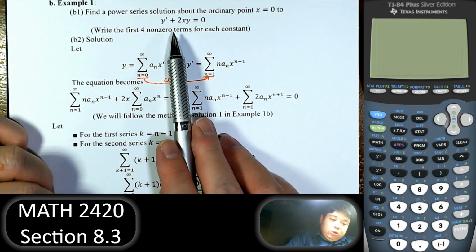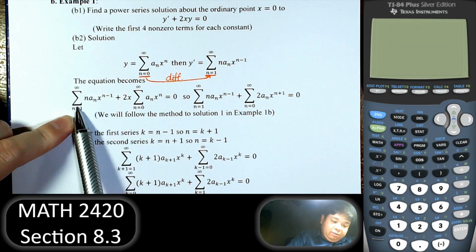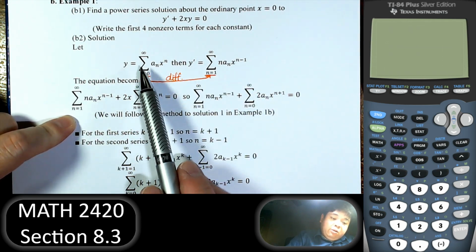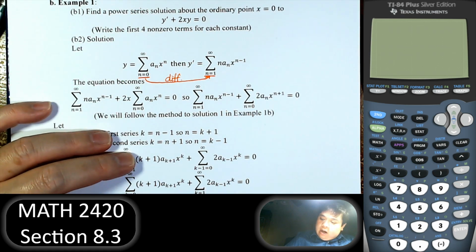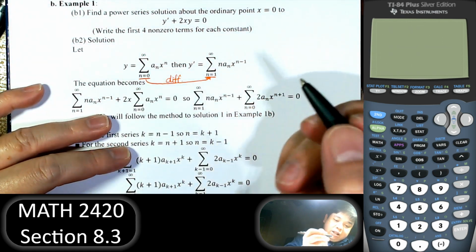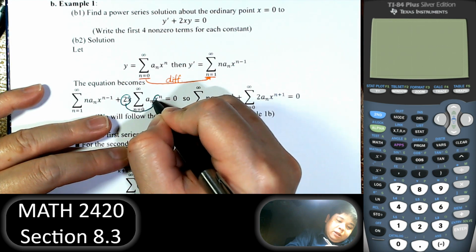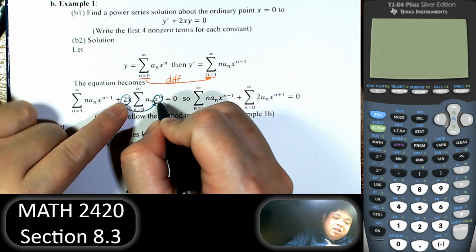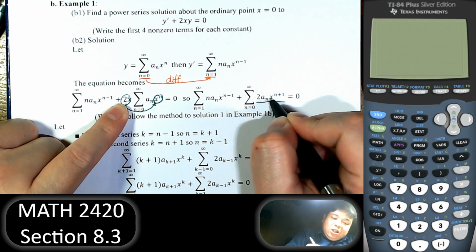Now we substitute into the original equation: the derivative, and the function times x. Now when we multiply the 2x inside, x times x to the n gives us x to the n plus 1.